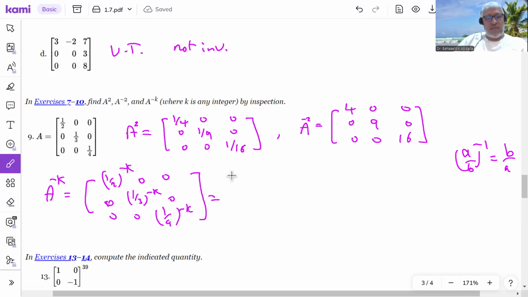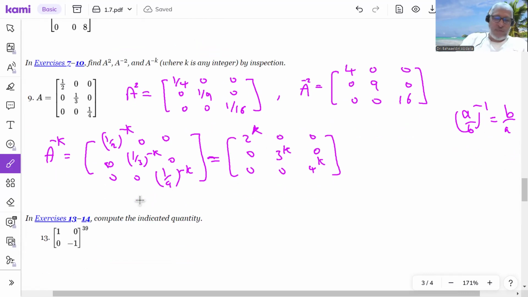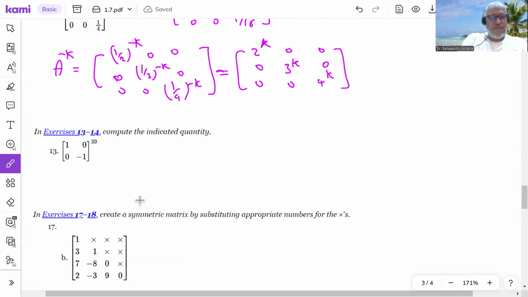So you can write this as 2 to the power k, because half to the power negative 1 is 2. And this would be 3 to the power k. And this would be 4 to the power k. This looks better than this one and easier to understand.